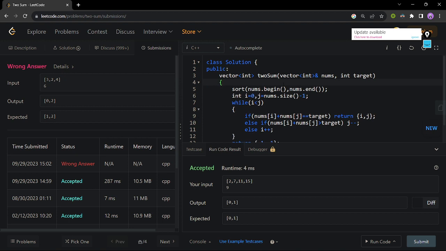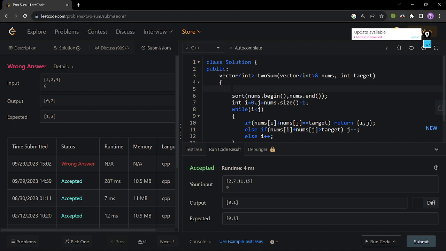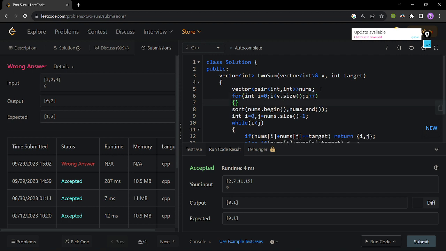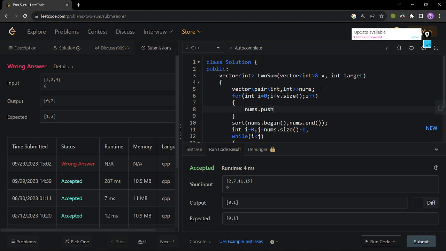Okay, let me make a change here. Let me make an extra vector of pair that will store the number with the index. So this vector stores the number and i.